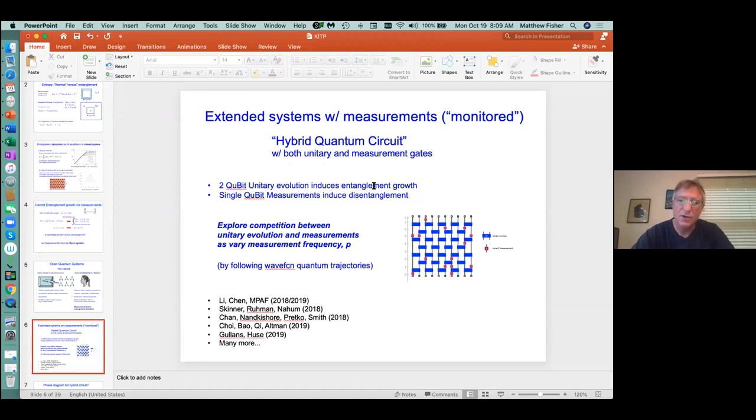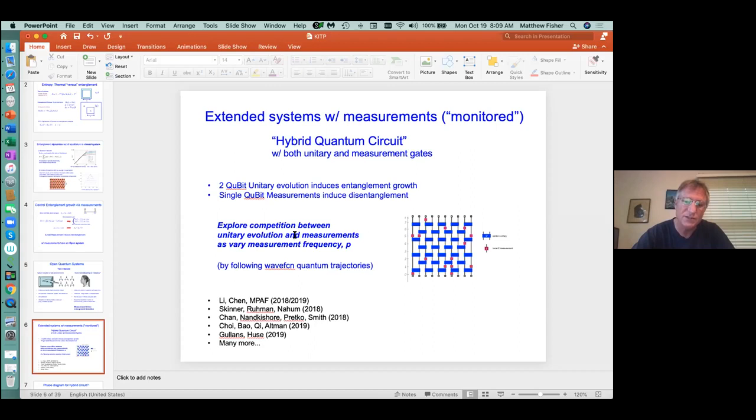So the canonical model that is often studied in this context is qubits evolving with 2-qubit unitary evolution. And that unitary evolution, as I mentioned earlier, induces very rapid entanglement growth. But that is then interspersed with single qubit measurements which induce disentanglement. And so there's a competition between the entangling growth due to the unitaries and the disentanglement due to the measurements.